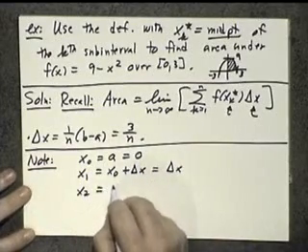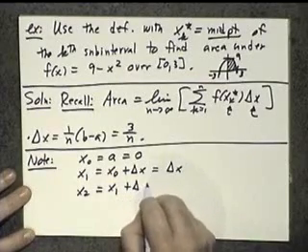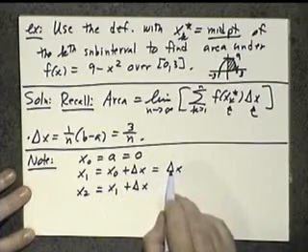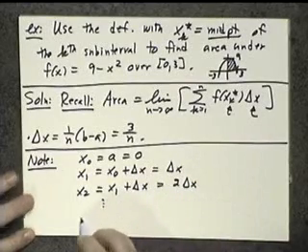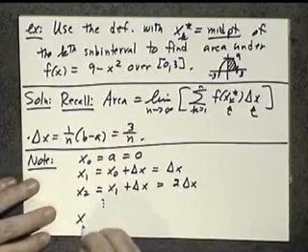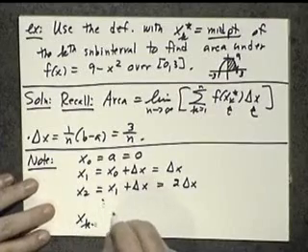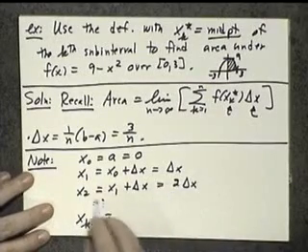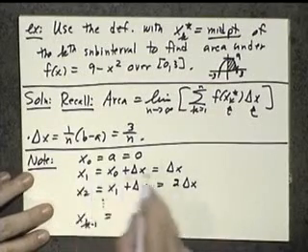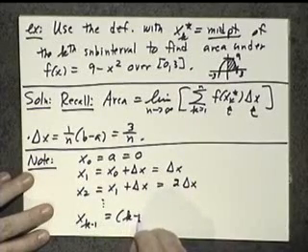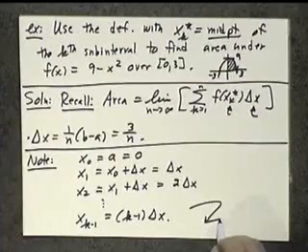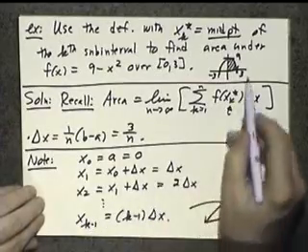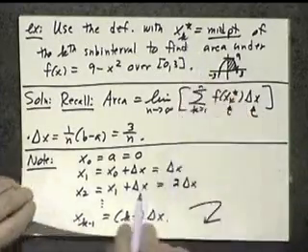Then x2 would be x1 plus delta x. x1 is delta x, so if I add another delta x, I have 2 delta x's, and so on. So in this problem, if I go down as far as xk minus 1, I'm going to have k minus 1 times delta x. So let's take that, and from that, I will be able to get my xk stars that I'm interested in.